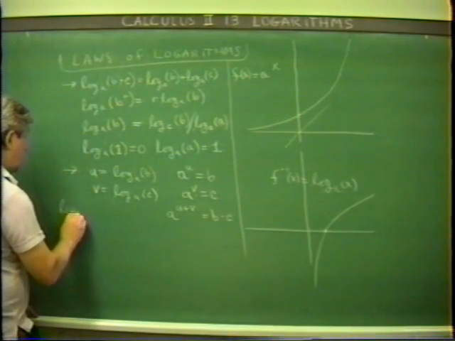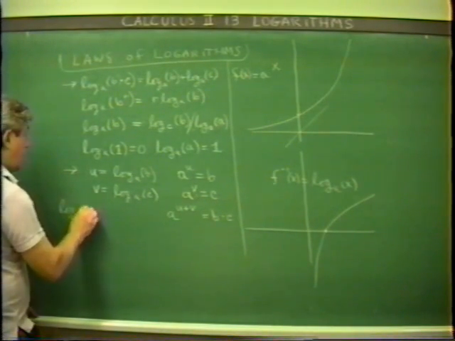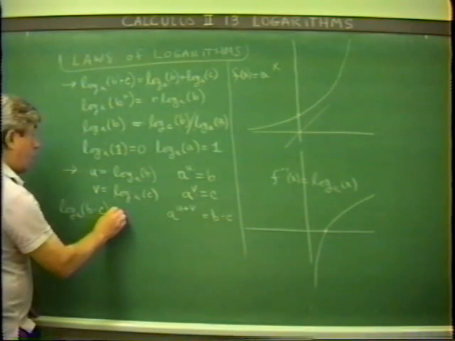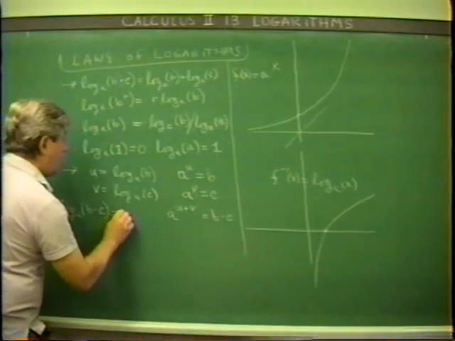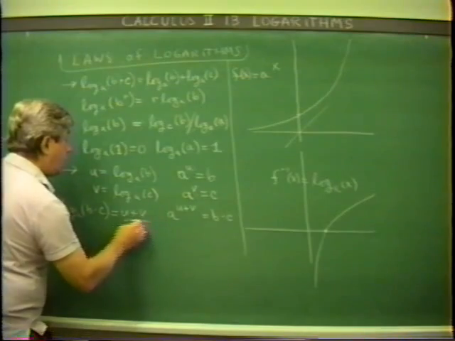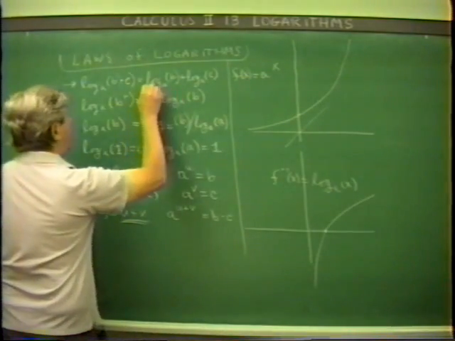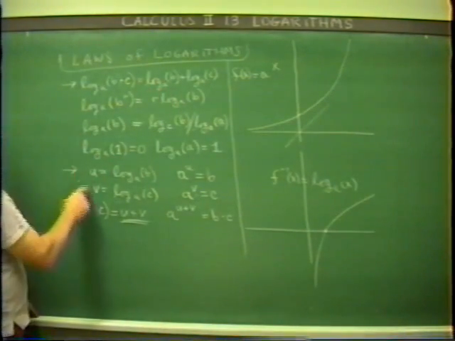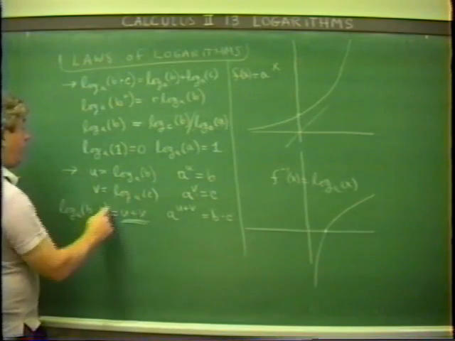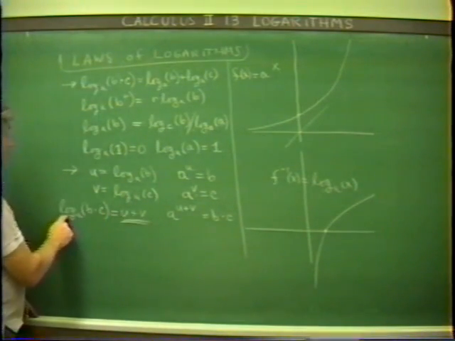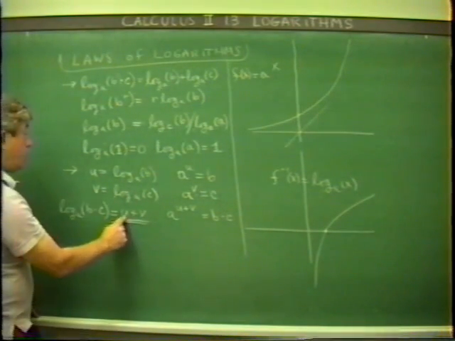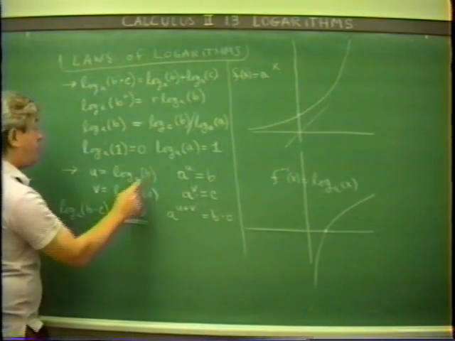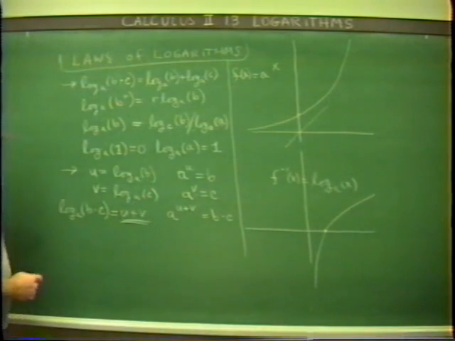That's to say, the logarithm to the base a of b times c is equal to u plus v. And that's exactly what we want. If u is log to the base a of b and v is log to the base a of c, then log to the base a of b times c is u plus v. That's to say it's the log to the base a of b plus the log to the base a of c.